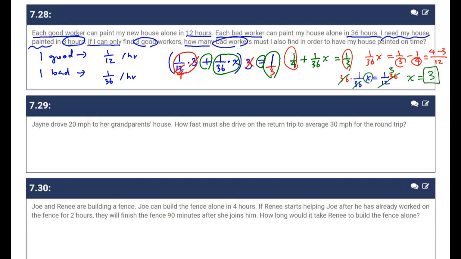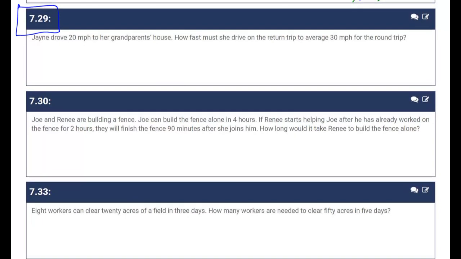And I would say either 7.28 or 7.29 would be a good candidate for the bonus question in the test, okay? So I'm going to move on to 7.29. Another candidate for bonus question.